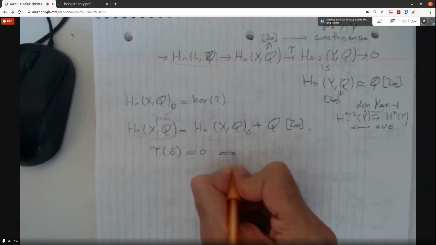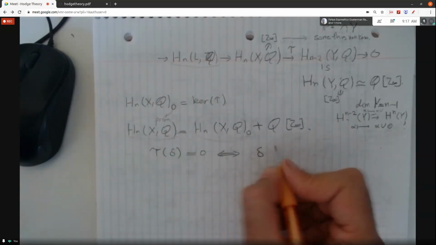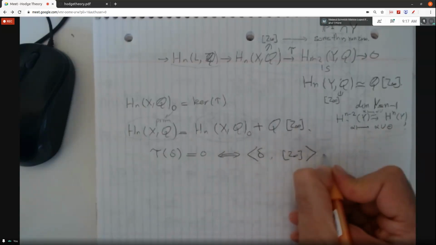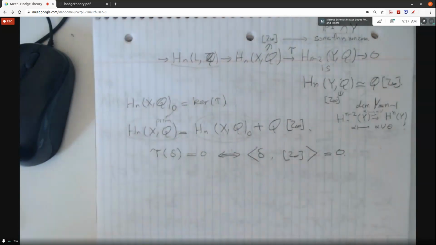Okay, thanks. But anyway, the most important thing that I need is that tau delta is 0 if and only if the intersection of delta with this Z infinity is 0.